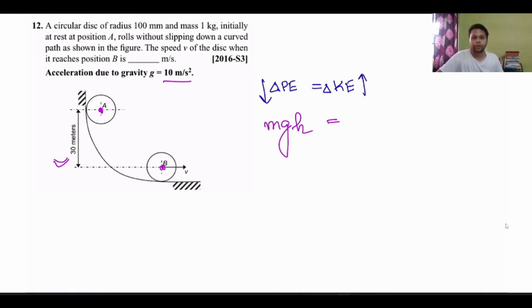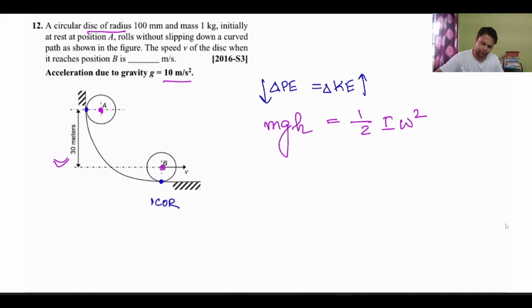Now, this is important. If you consider the rolling motion about the instantaneous center, this becomes the IC or instantaneous center of rotation, right? So how can I write the kinetic energy in rolling? I can write it as half I omega square, the instantaneous kinetic energy of a circular disk about the ICOR.